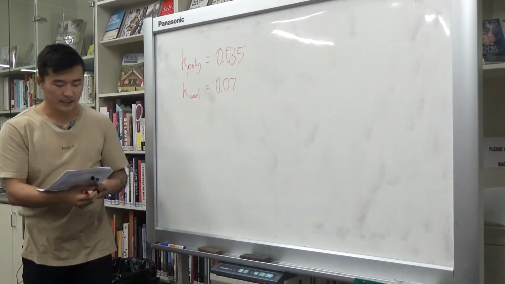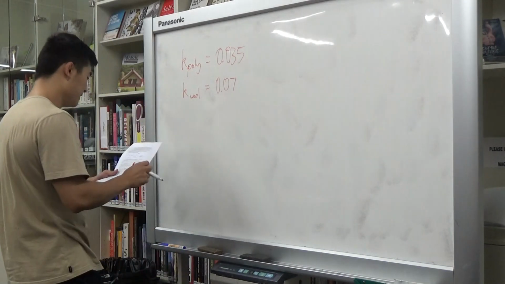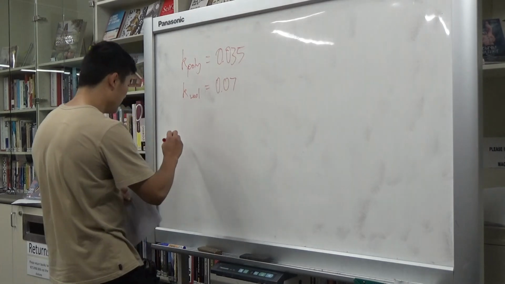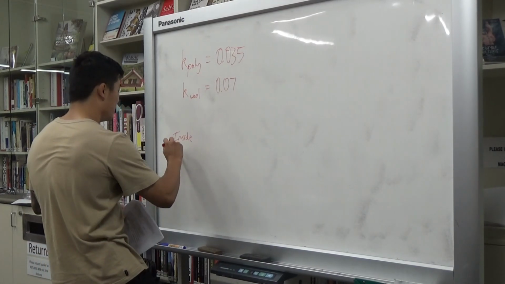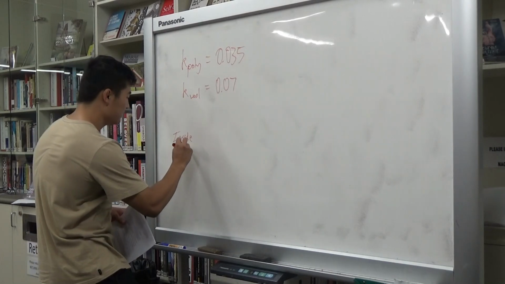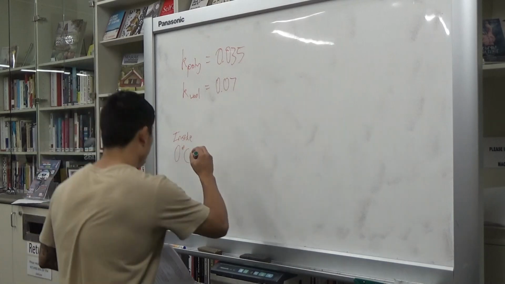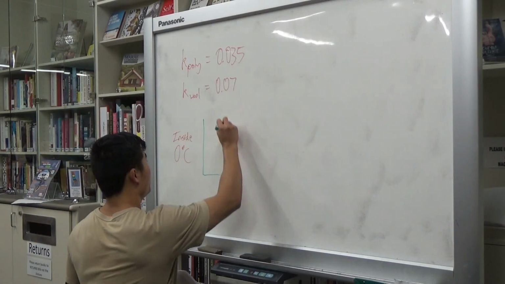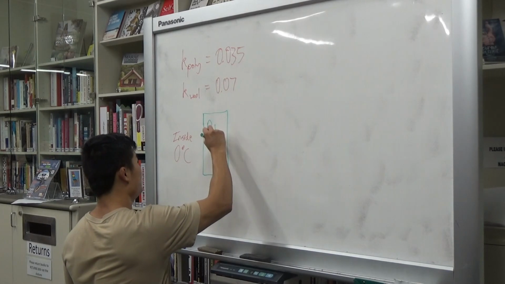So basically, we'll say that this is the inside of the freezer, which is 0 degrees Celsius. And then you're going to have your first layer of insulation. So let's say that this is the polystyrene.